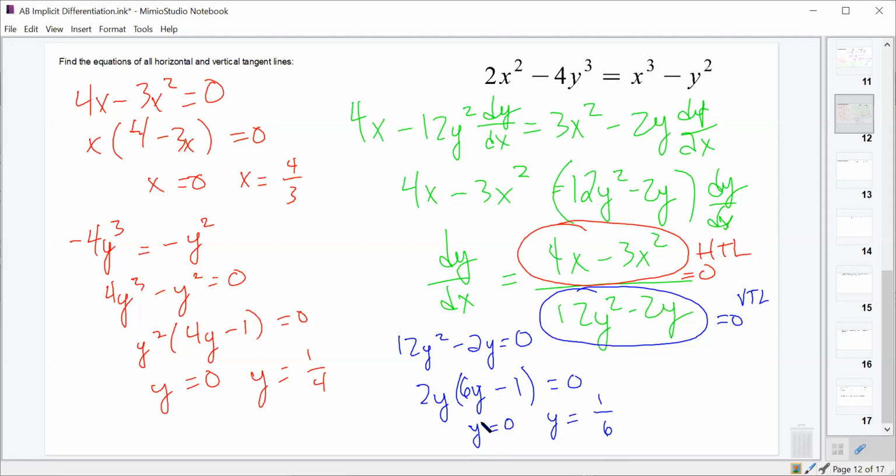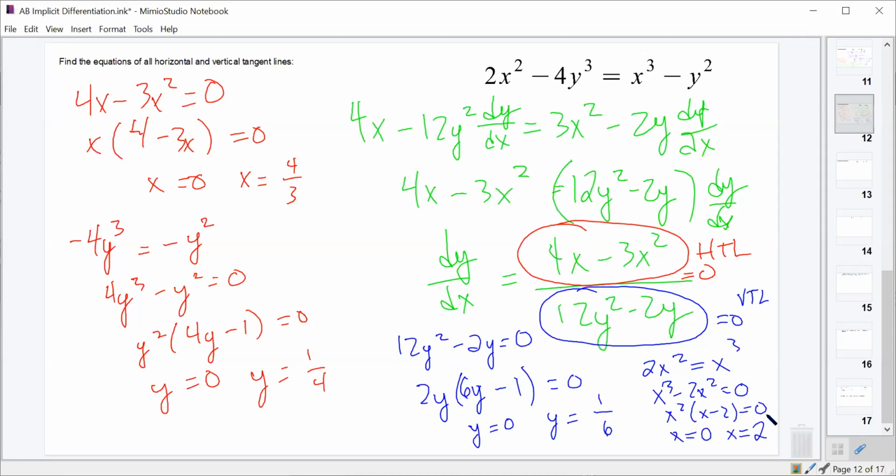Let's just plug in y equals 0 here. If we plug in y equals 0, we end up with 2x squared equals x cubed. And what do we get for that? We end up with x cubed minus 2x squared, and so x squared times x minus 2 equals 0, and x equals 0, x equals 2.